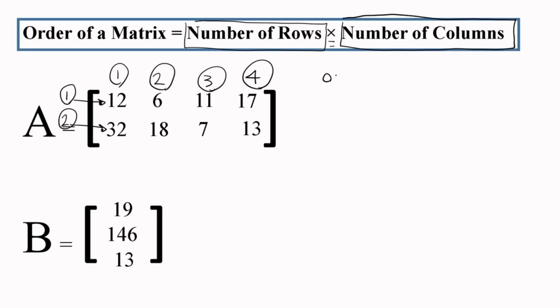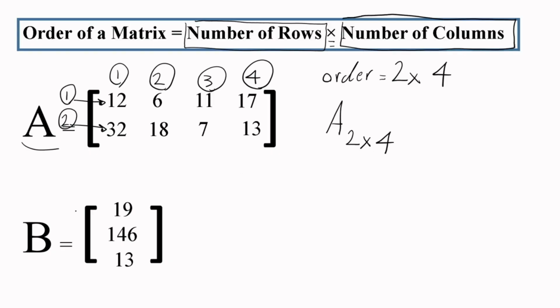So order is gonna be 2 by 4, and we can show it by A because the name of this matrix is A, and at the bottom of it I'm going to write 2 by 4. It means in the matrix A I have 2 rows and 4 columns.